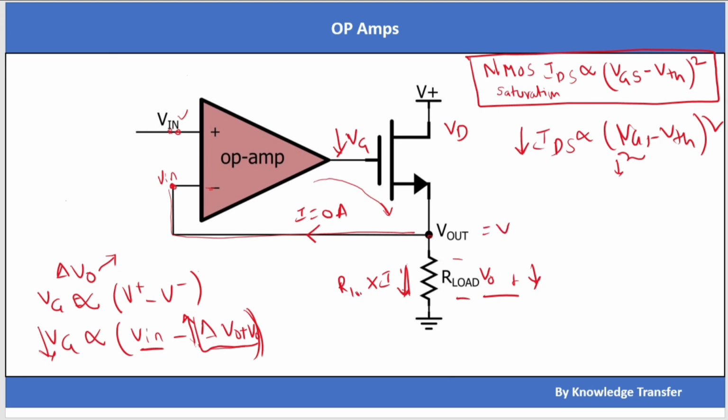Because of that, V out will be V in, and the current flowing through the R load will be I load. I load equals V in divided by R load. This is happening because this is a negative feedback system.